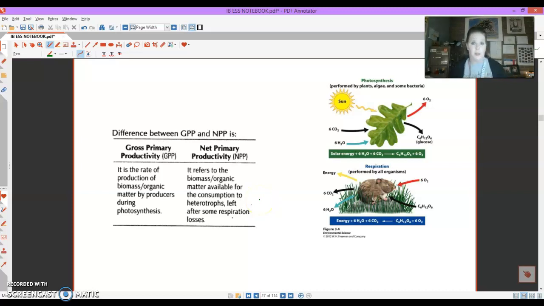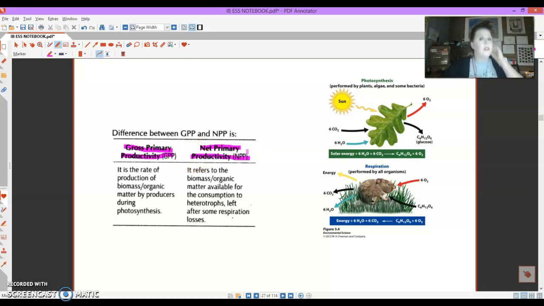GPP and NPP. Okay, so we have, and I'm going to get my highlighter tool so that we can highlight this. Okay, gross primary productivity is GPP, and net primary productivity is NPP.